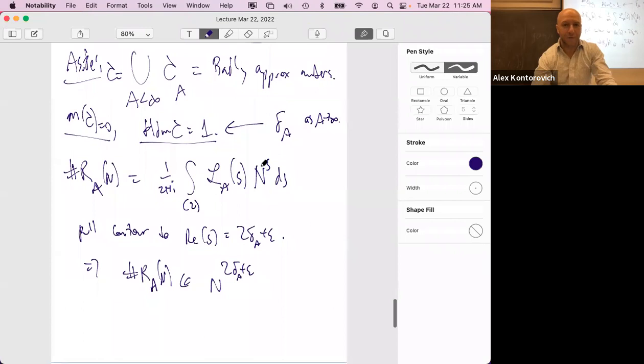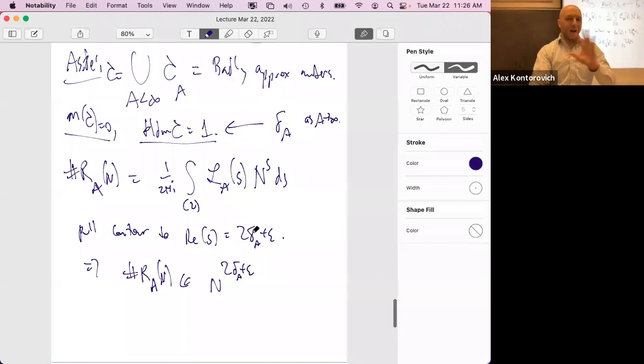Just by putting absolute values in here, if the real part of s is 2 delta plus epsilon. I'm ignoring all kinds of convergence issues, but just to first order. If we put absolute values in here, the leading order in n is its absolute value, and the absolute value is its real part. But then what about the rest of it, like the LA of s? Yeah, you have to deal with the rest of it.